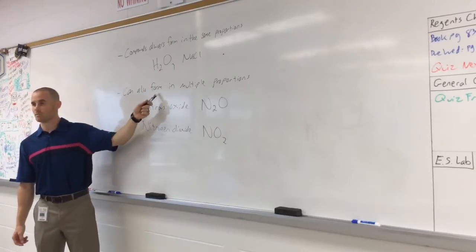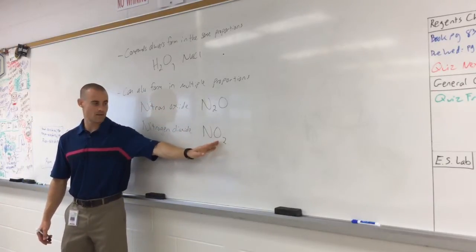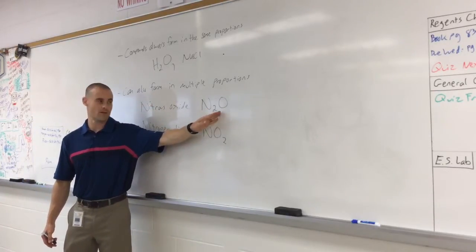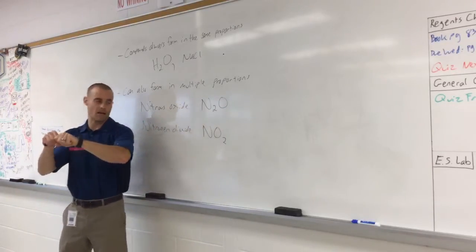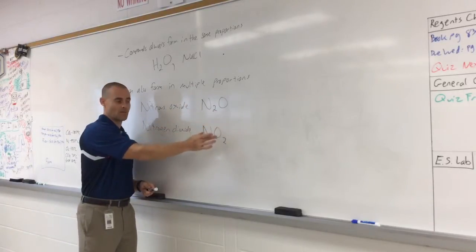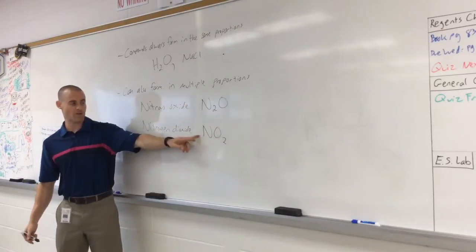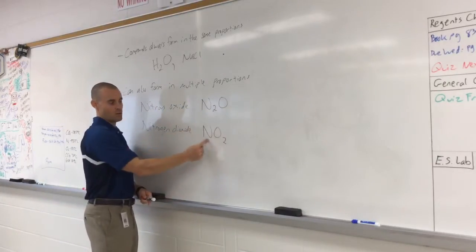But this is also 100% true. Sometimes the same elements in different compounds have different proportions. When N and O combine, it's not always forming the same compound. Sometimes it forms a different one, and the proportions change. This is 2 to 1. This is 1 to 2.